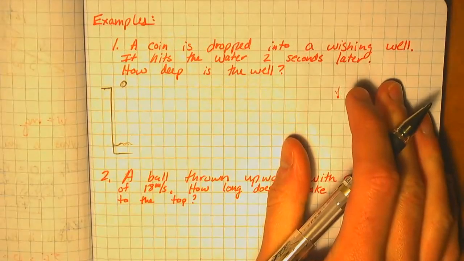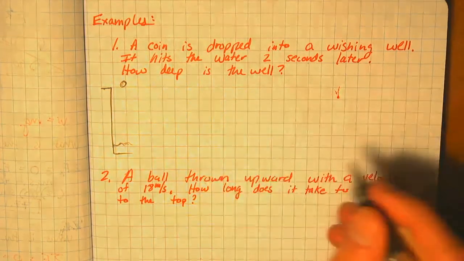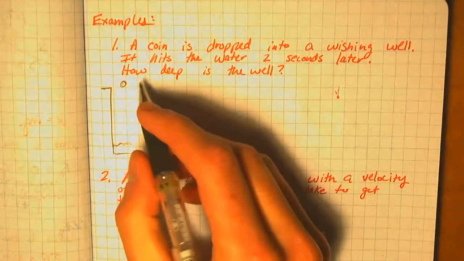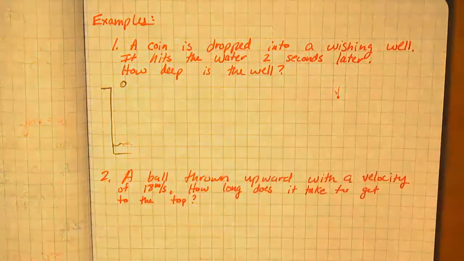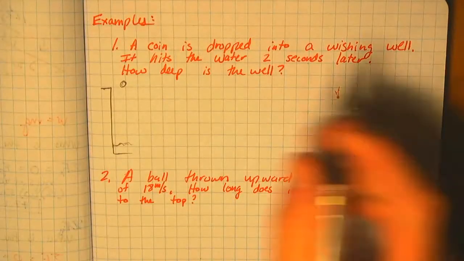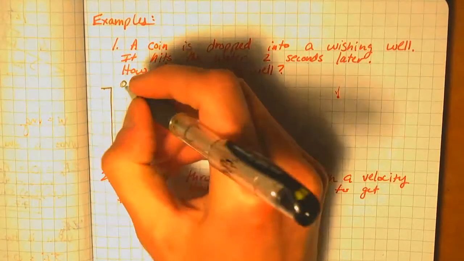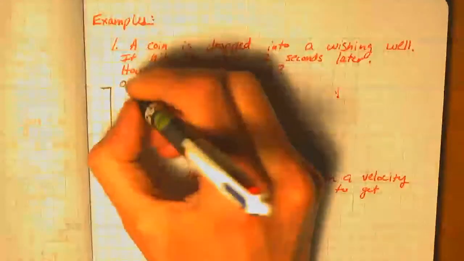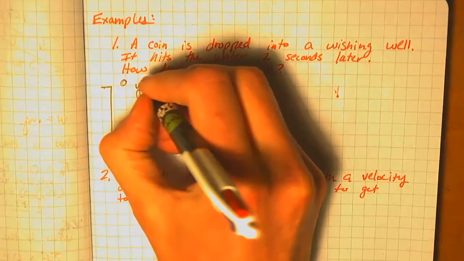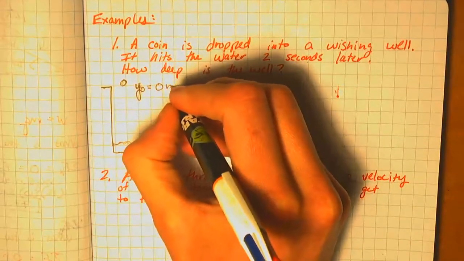So let's think about what we know. Now that we're talking about things that are vertical, we're going to start using a y instead of an x. So this would be y naught. Instead of x naught, we're going to use y naught, and we'll call that 0.